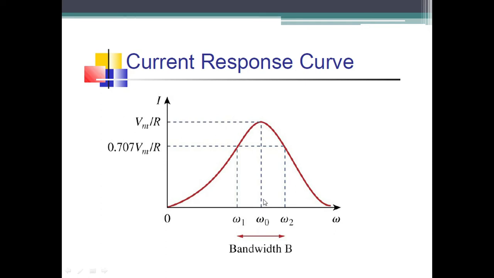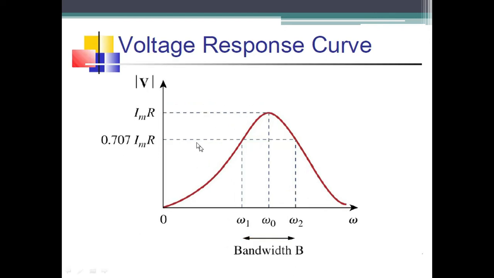As the frequency increases again toward the upper cutoff frequency, the current flowing through the RLC circuit decreases. At omega 2, 70.7% of the maximum current flows through the circuit, and the difference between these two frequencies is called the bandwidth.